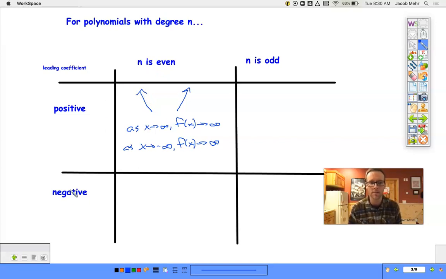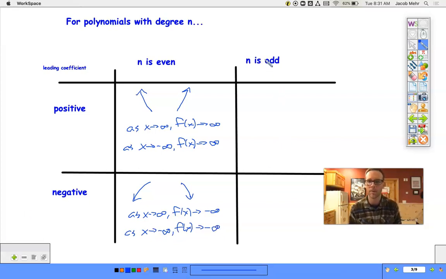Now, if the degree is even, but the leading coefficient is negative, now they're both just going to be down. And I'll write that as x goes to infinity, that's to the right, f of x goes to negative infinity, that's down. As x goes to negative infinity to the left, f of x goes to negative infinity, which is down.